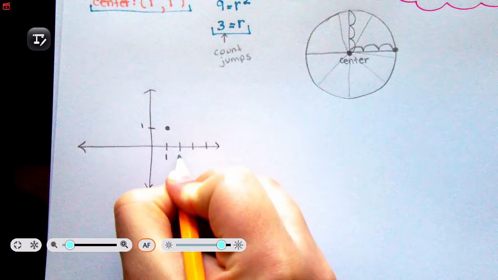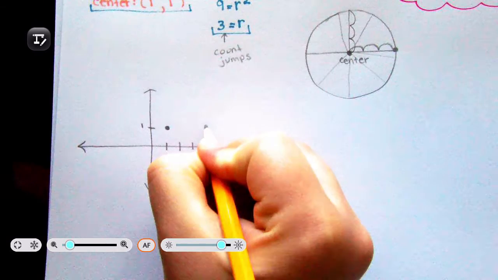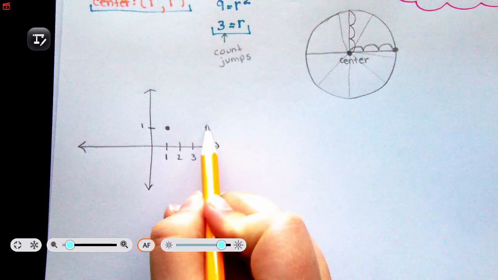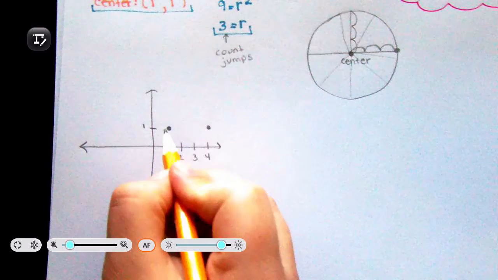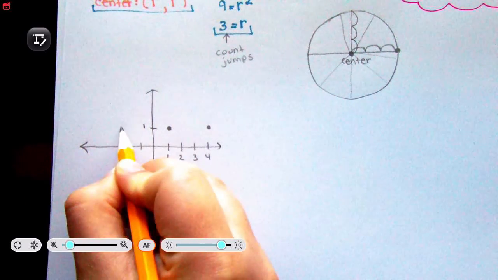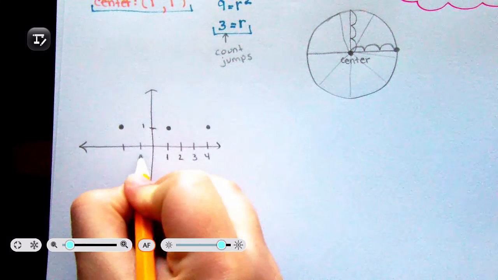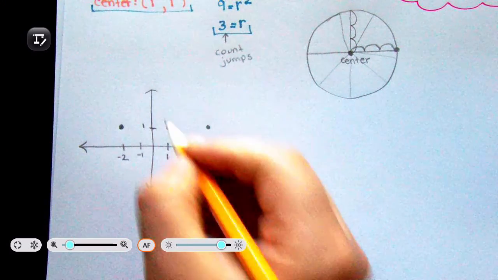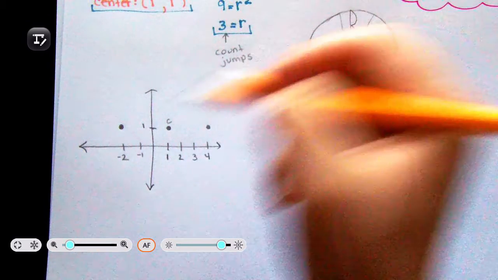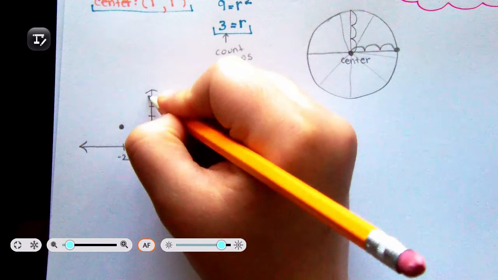So my ending will be 3 jumps away from my center point. And then again, 1, 2, 3 jumps away from my center point. We can even put a C here for center point. And then same thing, up and down. 1, 2, 3.